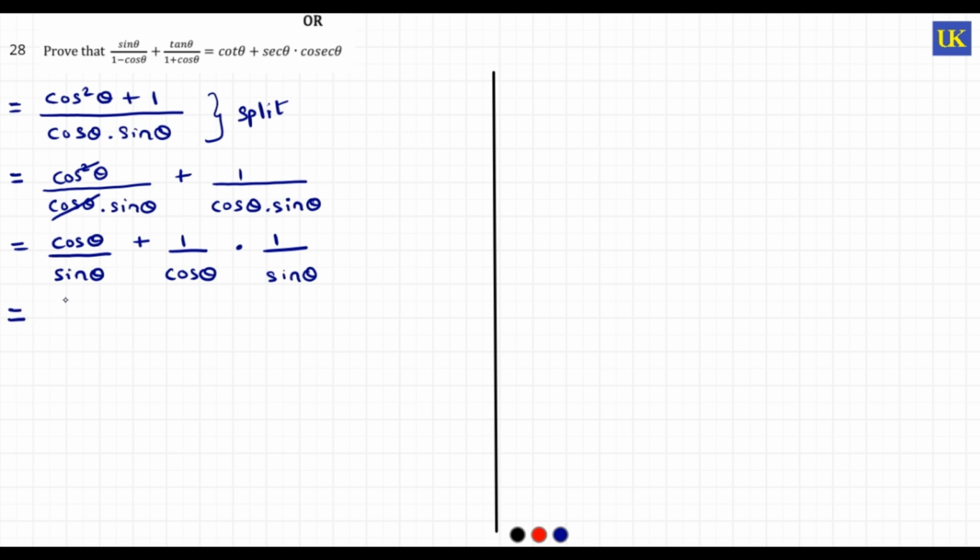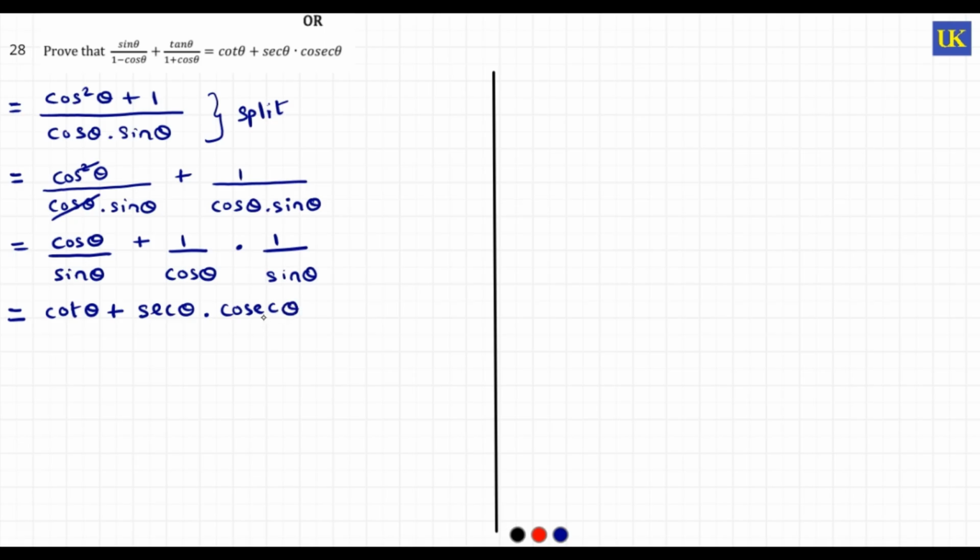So cos upon sin is what we know, it is cot theta, plus 1 upon cos theta is sec theta, and 1 upon sin is cosec theta.